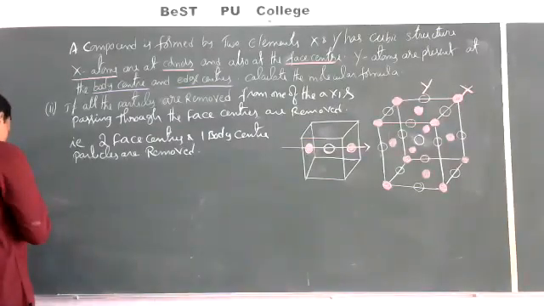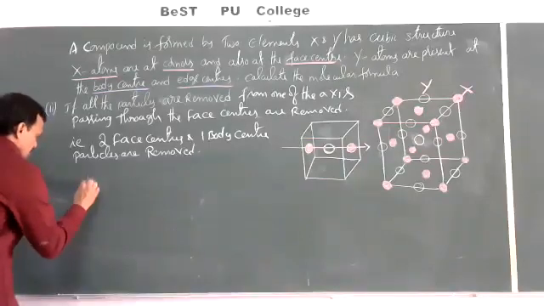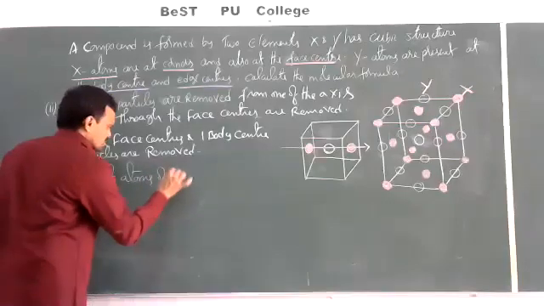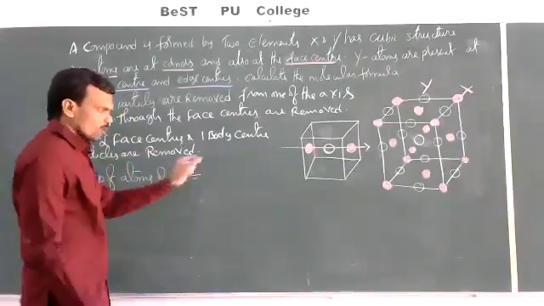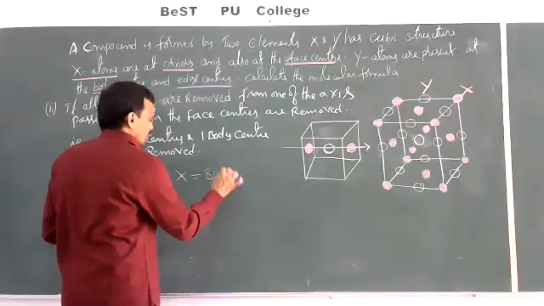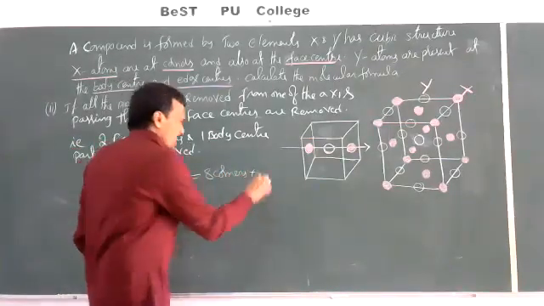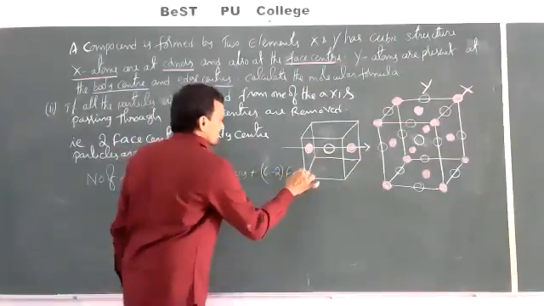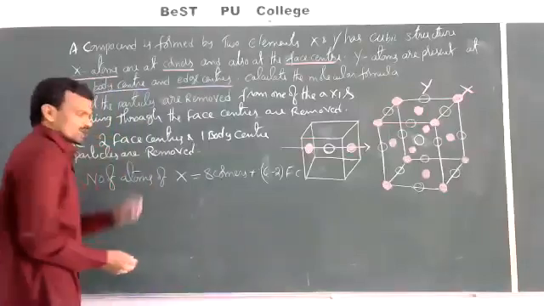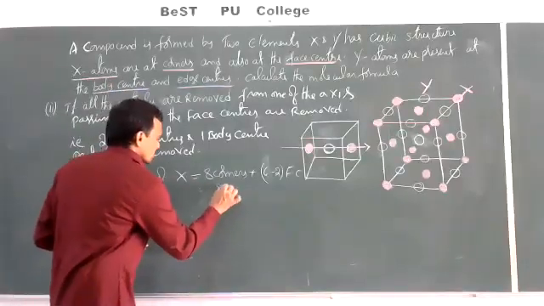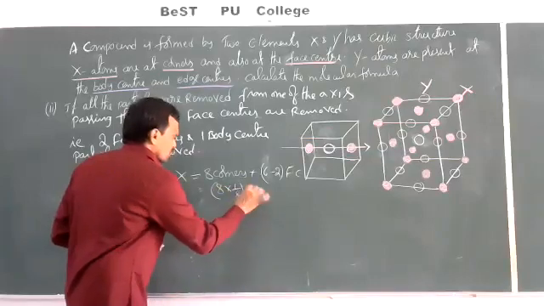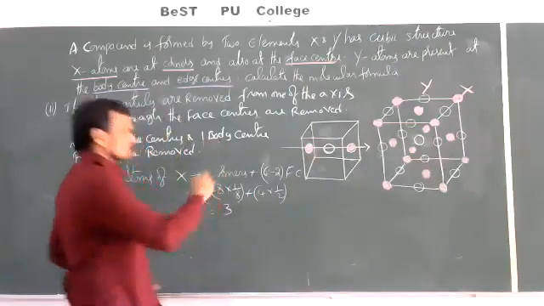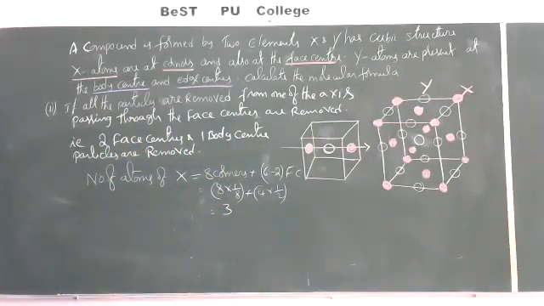Now, therefore, let us see the calculation. Number of atoms of X is equal to, no corner particle is removed, so 8 corners as it is, plus out of 6 face centers, two face center particles are removed, remaining only 4 are available. So this is equal to 8 into 1 by 8 plus 4 into 1 by 2, which is equal to 3. So number of atoms of X is equal to 3.